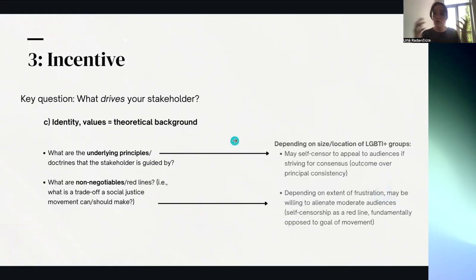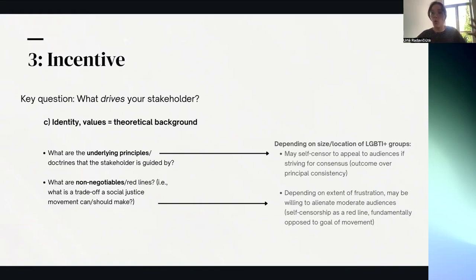So for social justice movements, which is, I suppose, an easier way to put this analysis into practice, we think about the size as well as the location of where they operate. And depending on the goals, they might be a little bit more radical, unwilling to compromise, or a little bit more willing to sort of appeal to the masses in order to be able to garner public support or to be able to push policy forward.